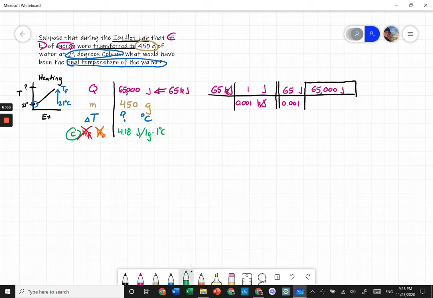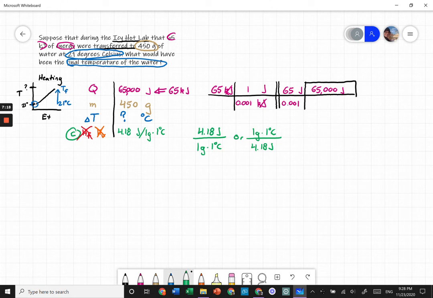Now, I always like to rewrite our heat capacity two ways. 4.18 joules of energy are required to change 1 gram by 1 degree Celsius. We can also write that as 1 gram changing by 1 degree Celsius requires 4.18 joules of energy. In previous problems, we used the fraction on the left because we were always solving for joules, so joules went on top.